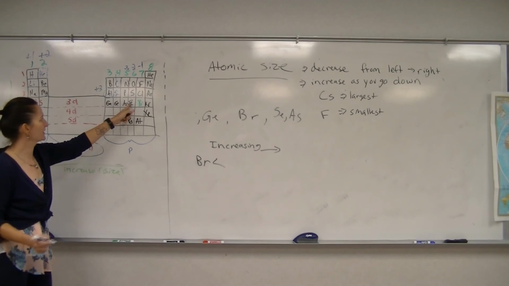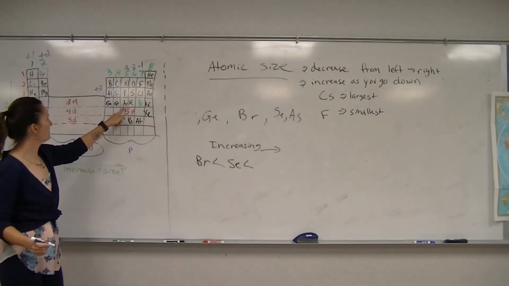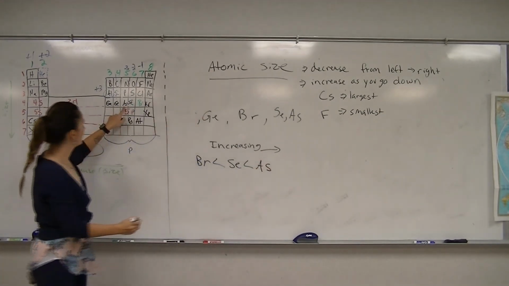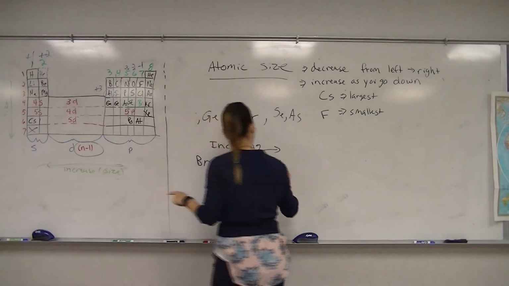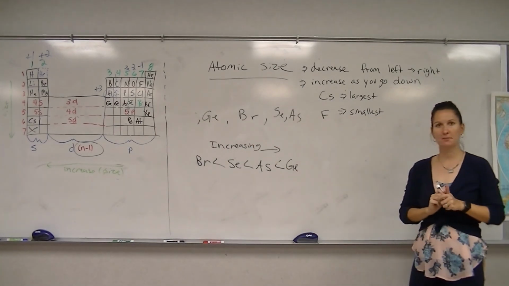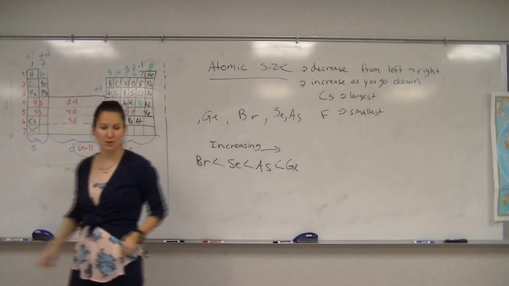Next we have selenium. Next we have arsenic. And then next would be GE. So this would be the correct order, with the largest, greatest being germanium. So that's how we're using the trends.